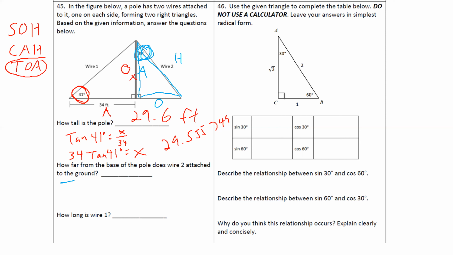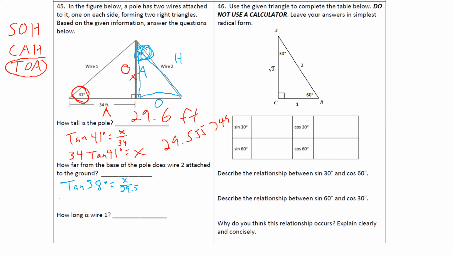We're doing tangent of 38 is equal to opposite. That's what we're trying to find. I'm going to call it X again, over adjacent, which we just found was 29.5. So how do we get our answer?